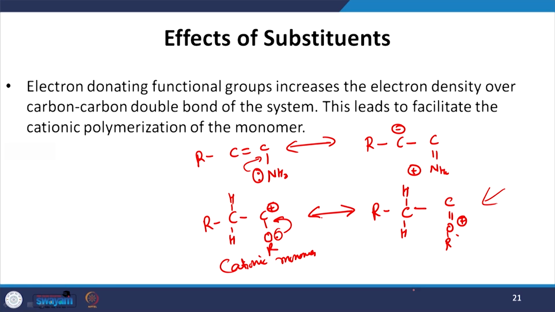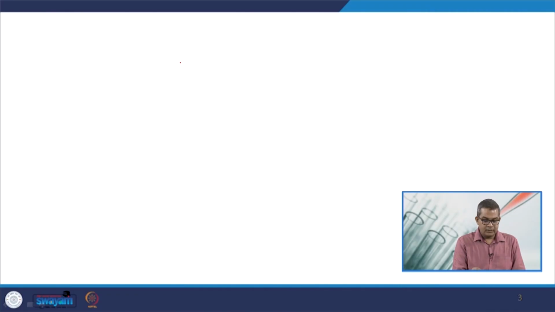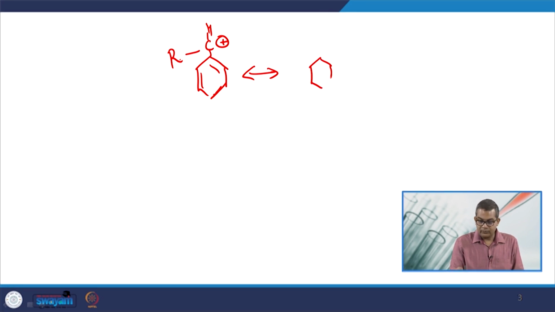Now, similarly, we can see this particular approach in various aromatic systems. Here you can see this is the aromatic type of approach, the phenyl ring. Now, this has resonating structures, or you can form the transfer of charge.